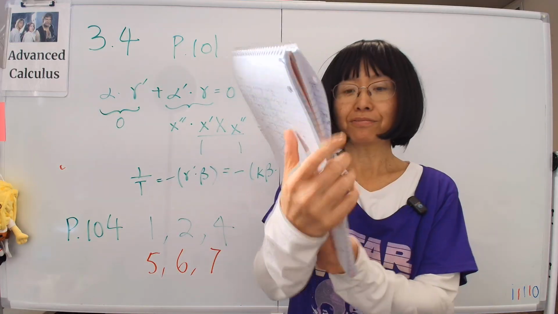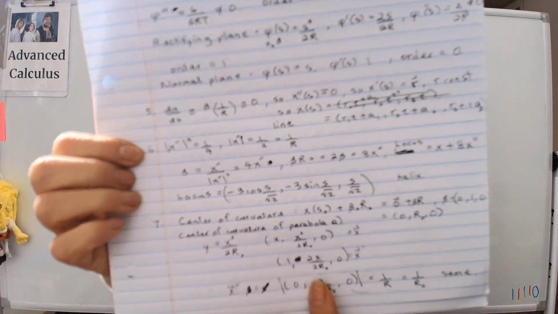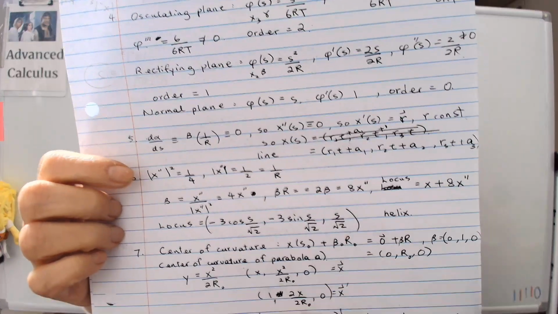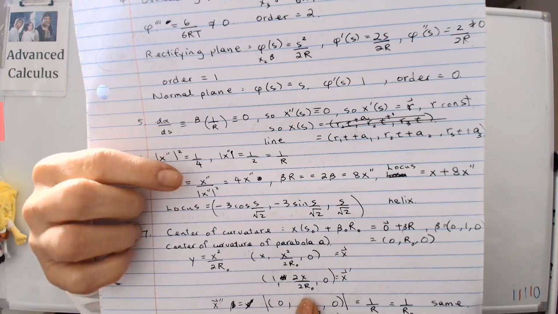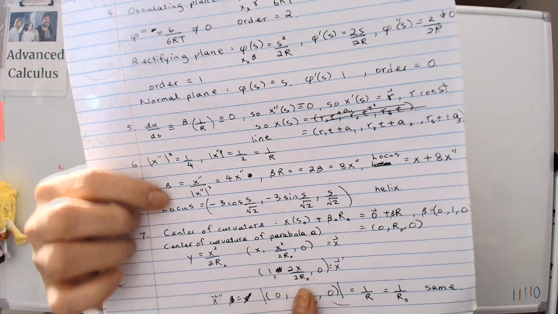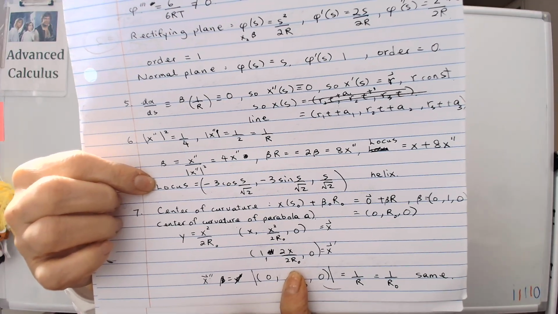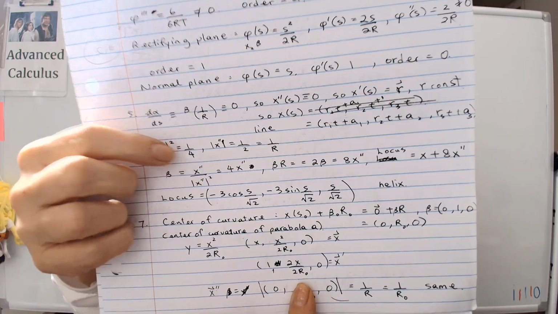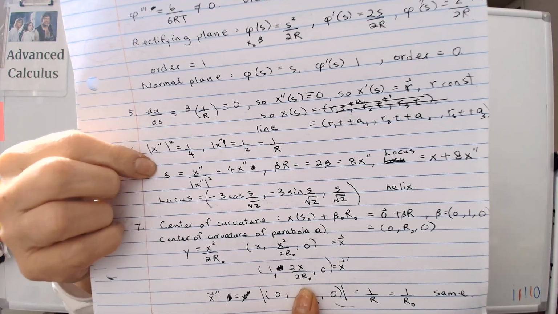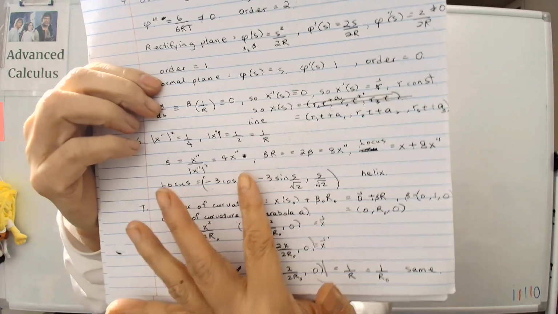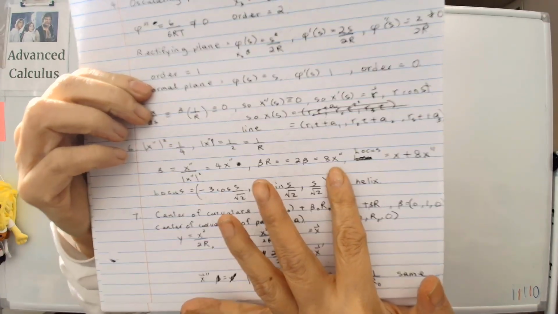Okay, so from example 1, which we already did, we found out that the magnitude of x double prime is equal to 1/2. And then beta is defined as 4 times x double prime. Then beta r is equal to 8 times x double prime.